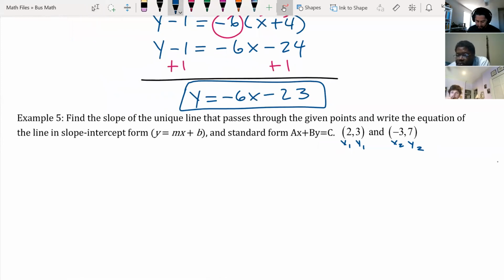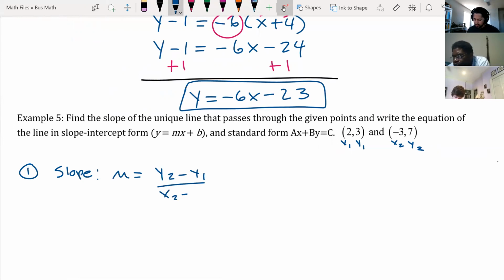So I'll say step 1, slope. We get m equals y2 minus y1 over x2 minus x1. And I have 7 minus 3 over -3 minus 2.